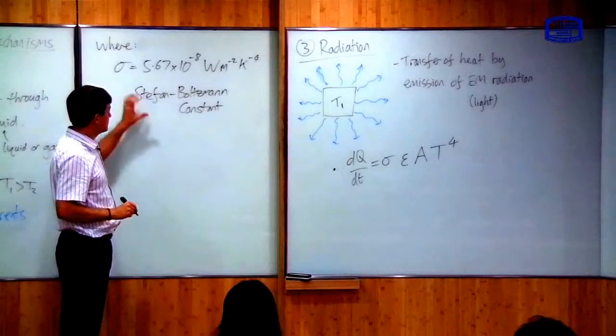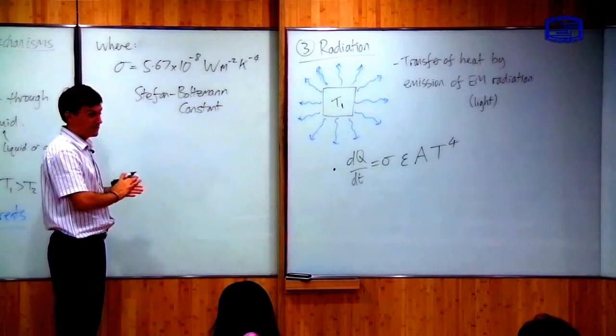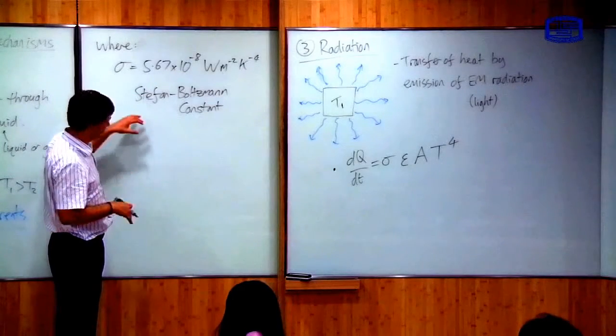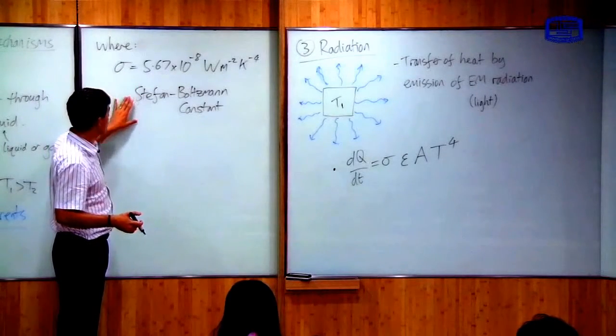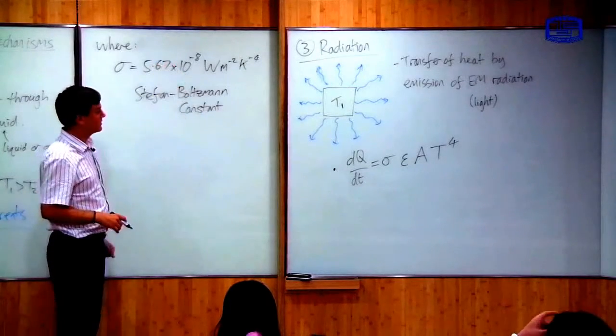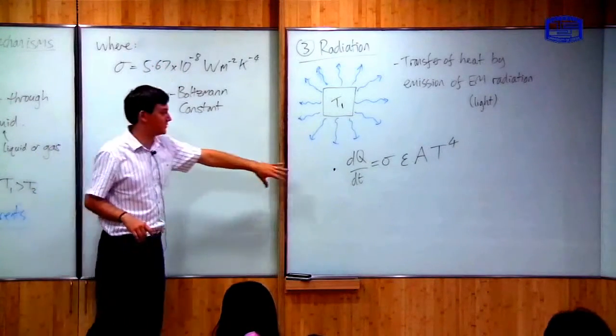The value of this constant is predicted by physical theory, and if you take the follow-on course to this, we will prove why the constant has this form and why this equation has this form.